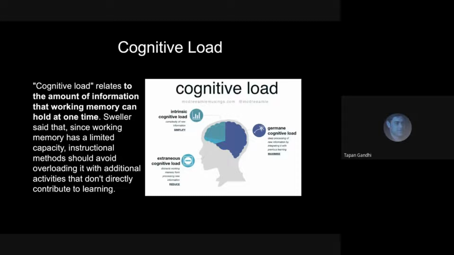So cognitive load is the amount of information that working memory can hold at one time. Sweller, who is a famous scientist in this domain, mentioned that since working memory has a limited capacity, instructional methods should avoid overloading it with additional activities that don't directly contribute to learning, right?